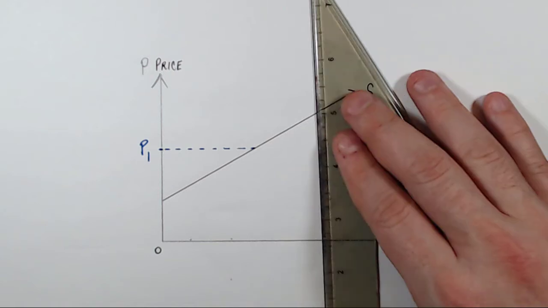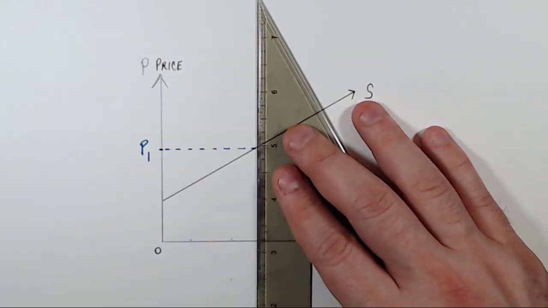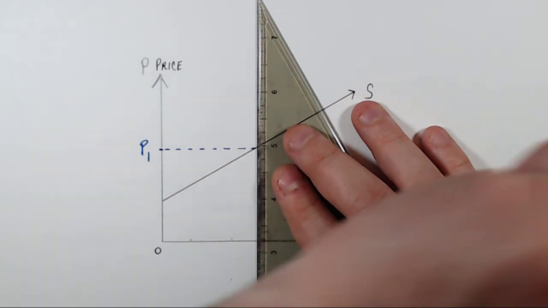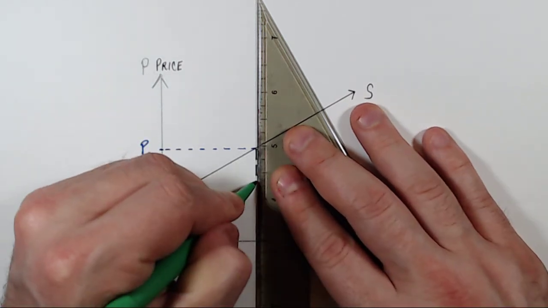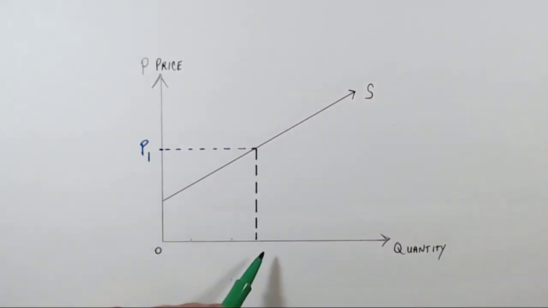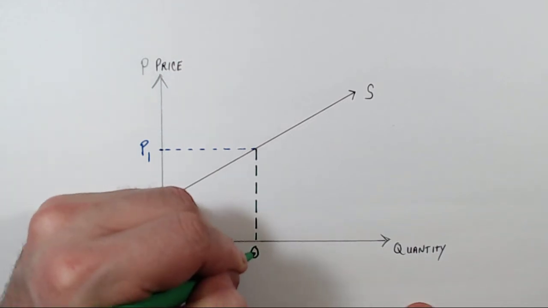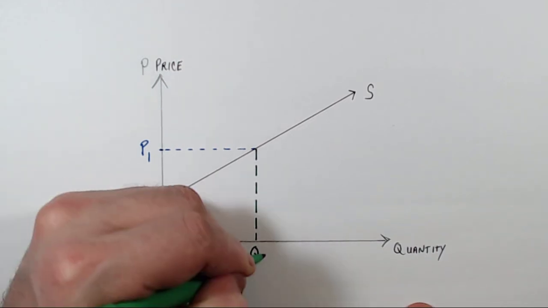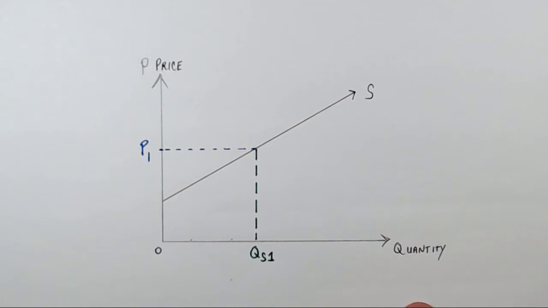And now it's time to rotate your straight edge, and I'm going to switch colors here to make this stand out. Drop a vertical line down to the quantity axis, and this is going to be Q sub 1, or quantity supplied. We'll call it Q sub S sub 1. Quantity supplied 1.